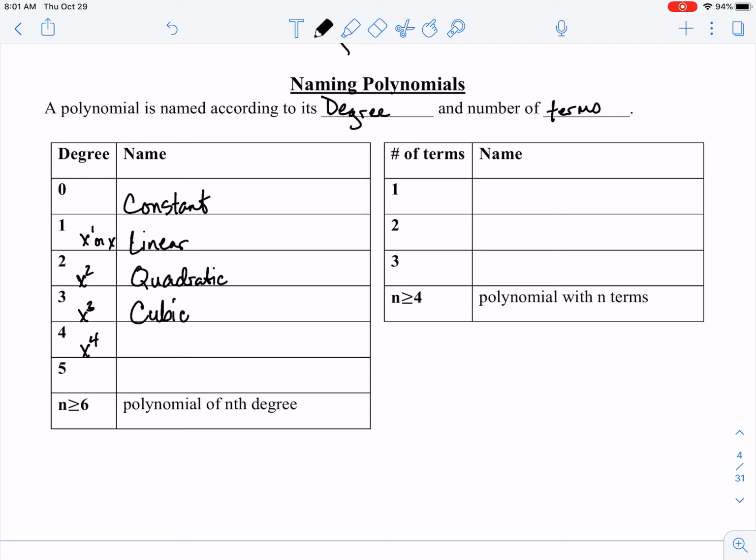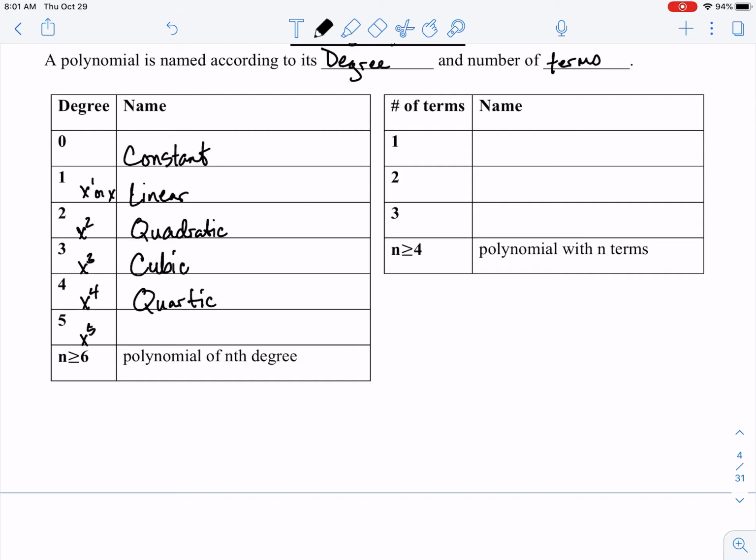4, quartic, right? Quar means 4. And then x to the 5th is quintic. And if n, or what the highest exponent is, is greater than or equal to 6, it's just a polynomial of the nth degree. So a polynomial with one term is called a monomial.